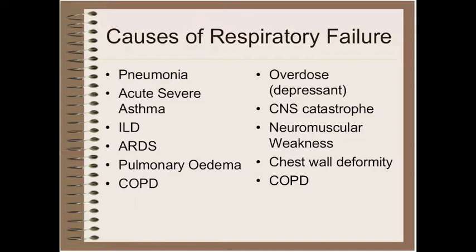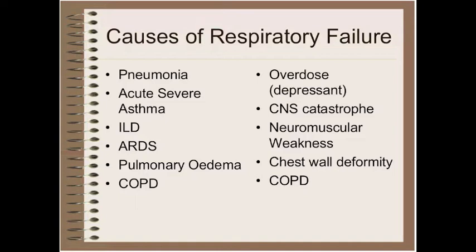Interstitial lung disease, where the alveolar capillary interface is destroyed, and we're getting a VQ disturbance there. ARDS in some ways behaves like pneumonia, as does pulmonary edema. And COPD also, if you think about emphysema, gets destroyed alveoli and capillaries.